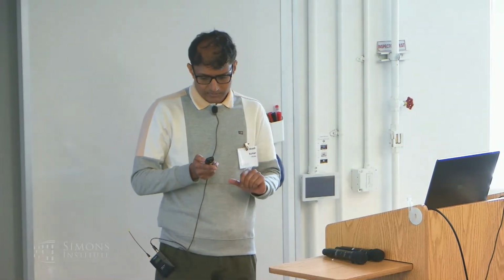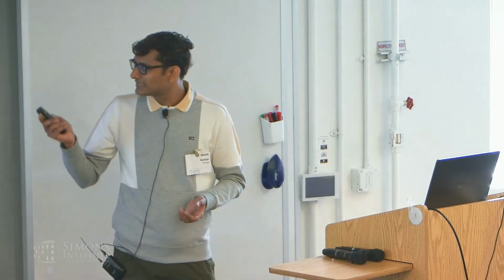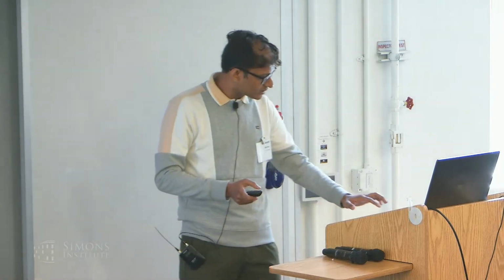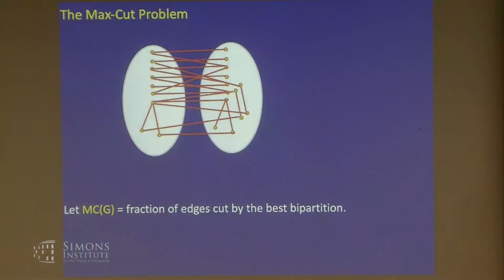That's the max cut problem, which you know and love. For instance, in this picture, the maximizing bipartition is this bipartition. And just some notation, I'll denote by MC of G the fraction of edges that are cut by the maximizing bipartition.